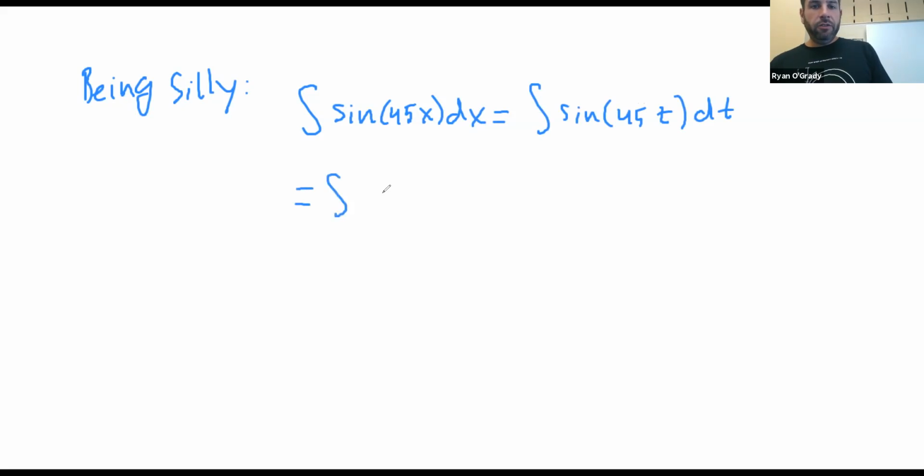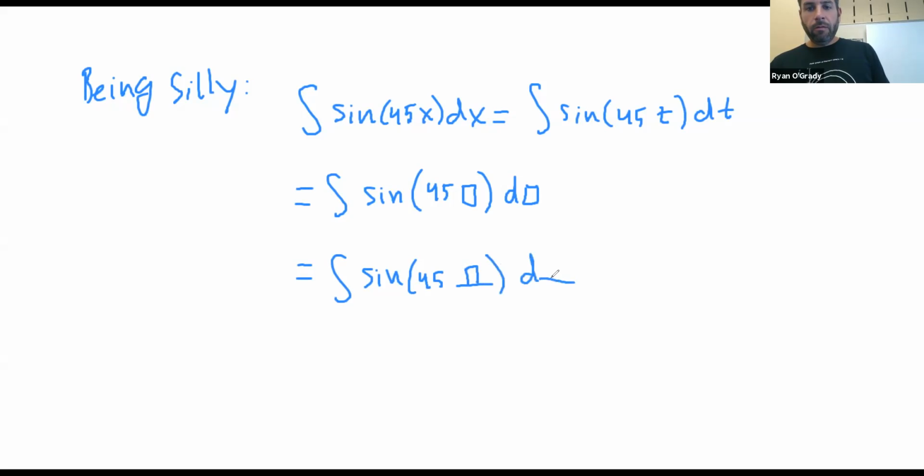And if you wanted to be silly, you could say the integral of sine of 45 top hat, or sine of 45 square, d square, or the integral of the sine of 45 cat, d cat.